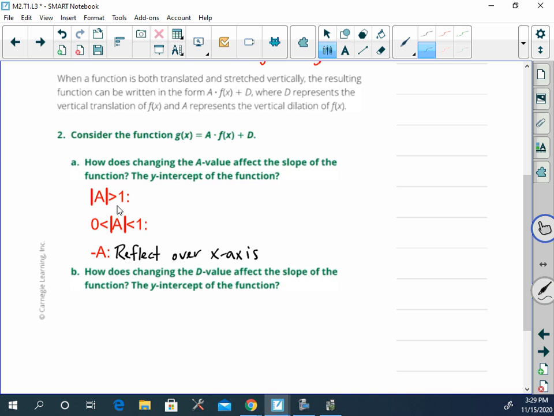But if it's a big a value, like a 4, then that changes the slope to 4. So what's happening to the slope is it's increasing. So it'd be becoming steeper there. And if it's between 0 and 1, then it decreases.